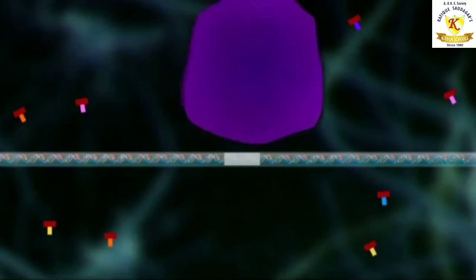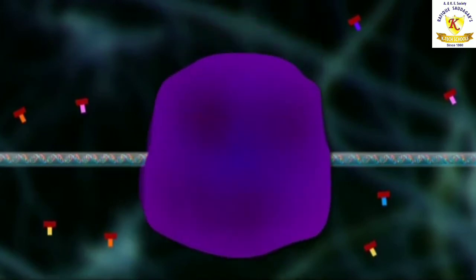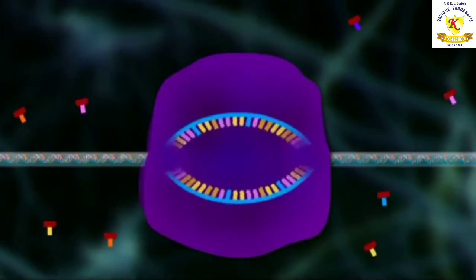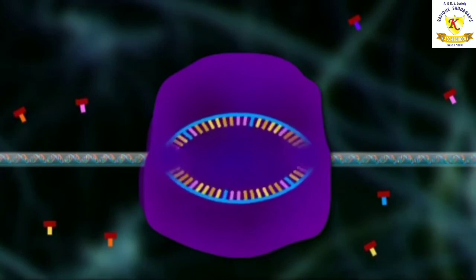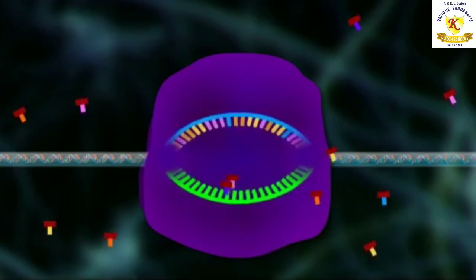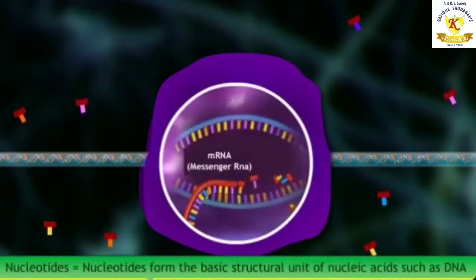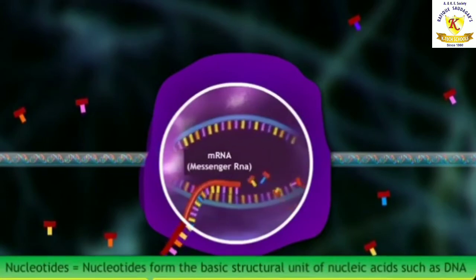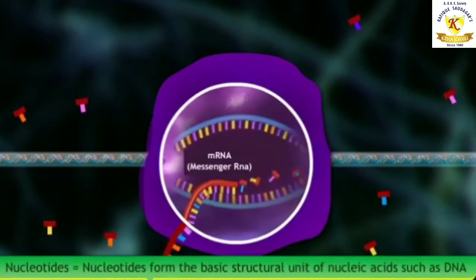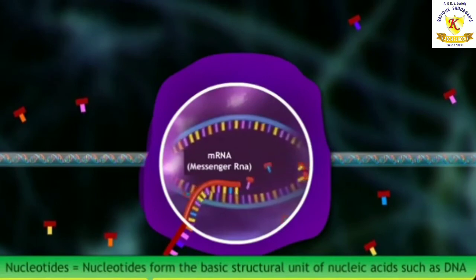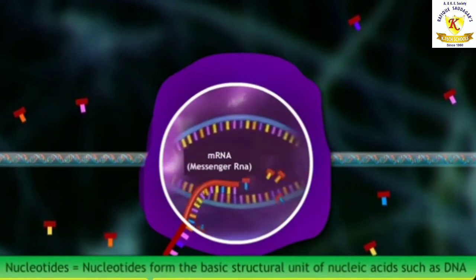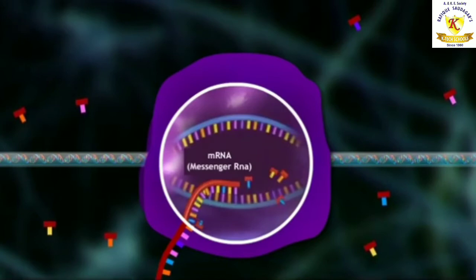mRNA is produced as per the sequence of nucleotides on DNA. Only one of the two strands of DNA is used in this process. The sequence of nucleotides in mRNA being produced is always complementary to the strand, that is DNA strand, used for synthesis.